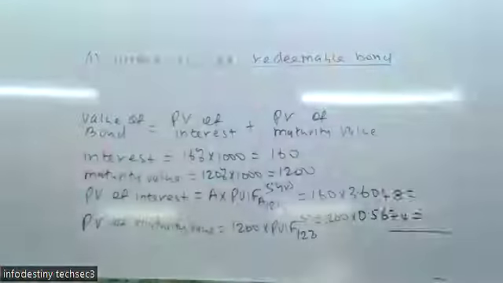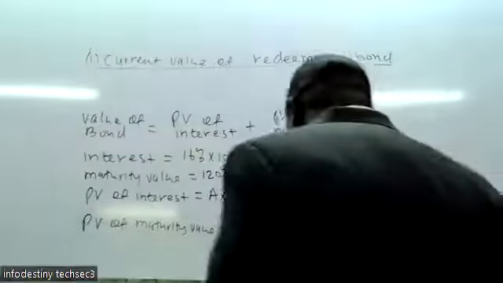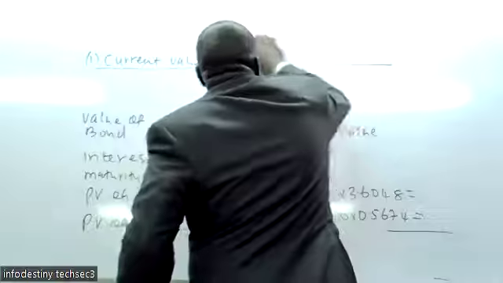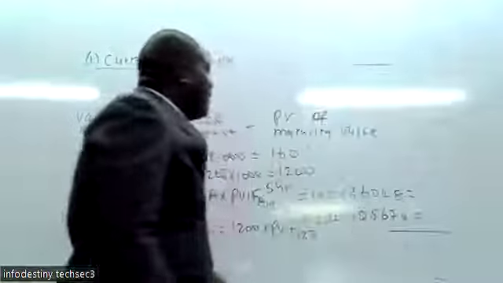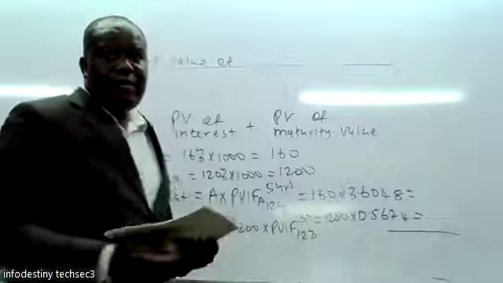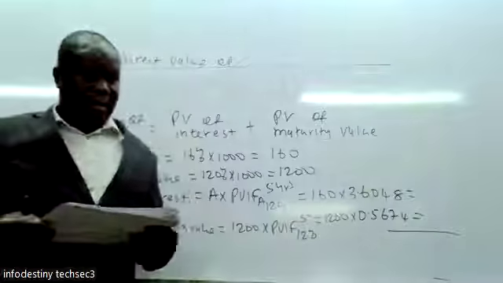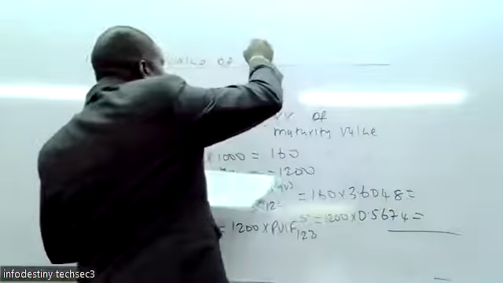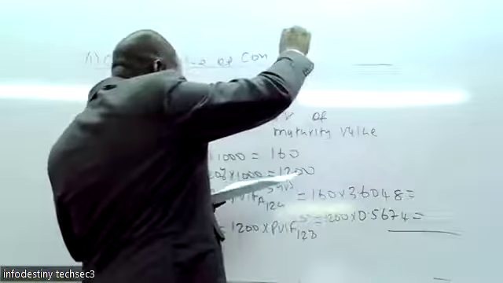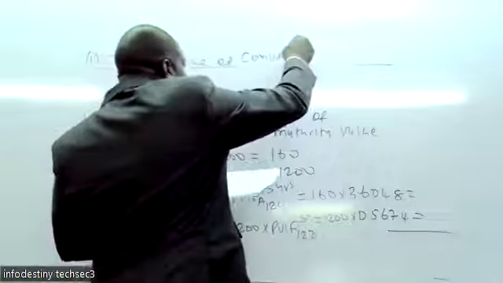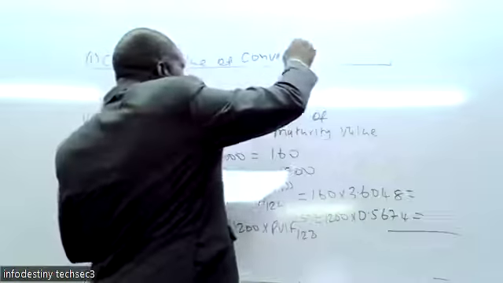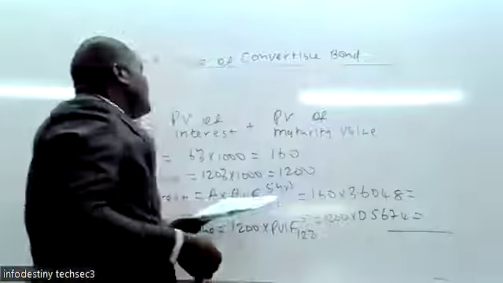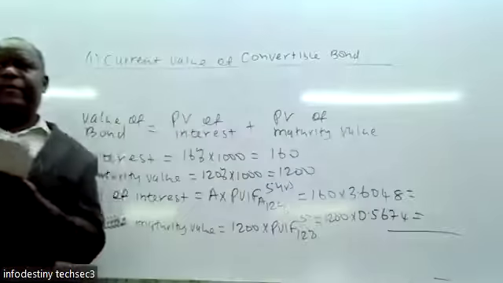We should now get the current value of the convertible bond.